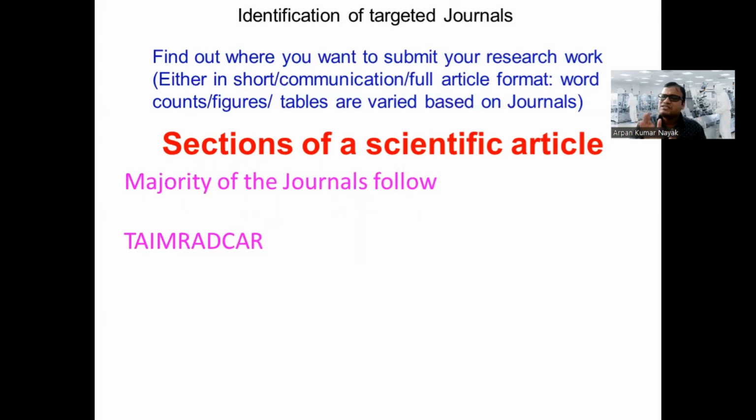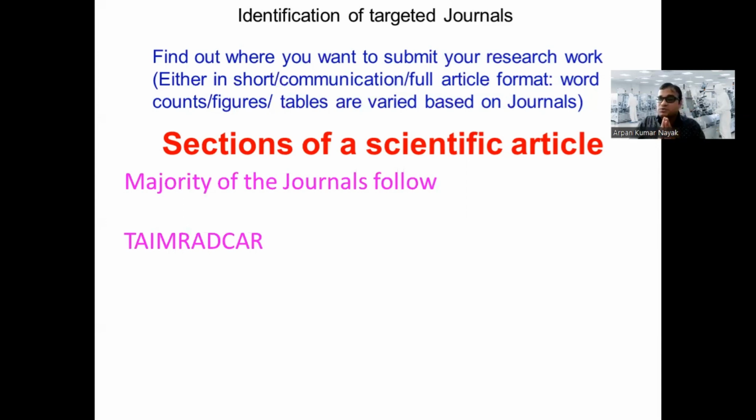So what are the major sections of a scientific research article? I took the first letter of each word and made this. You can see it here. The majority of journals follow this: TAIMRADCAR. These are the major sections of a scientific research article, followed by the majority of journals.